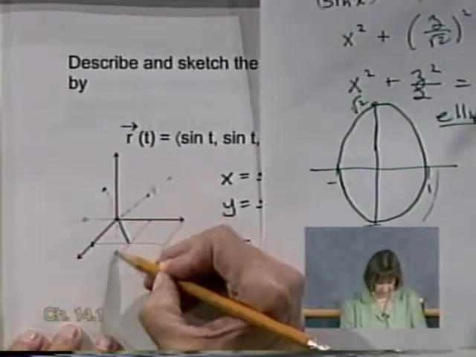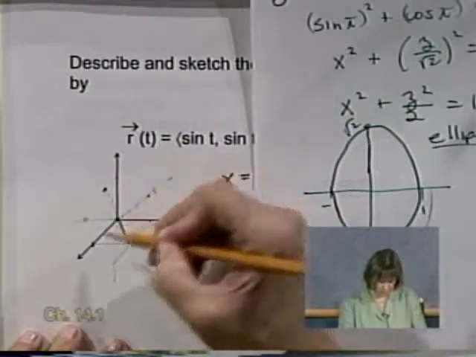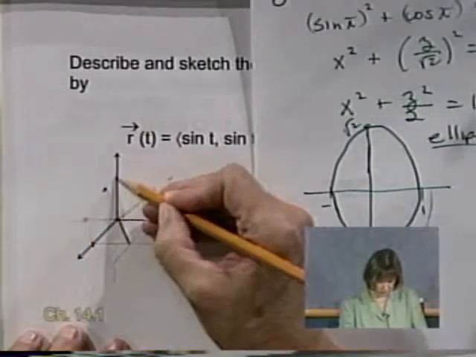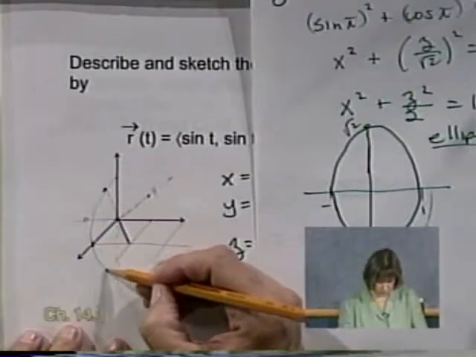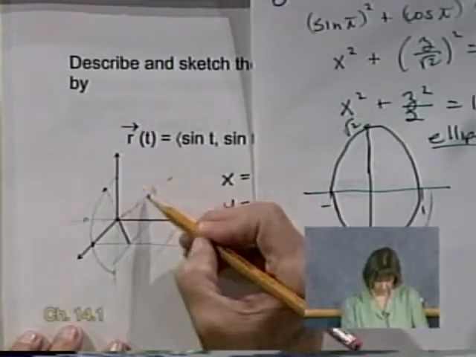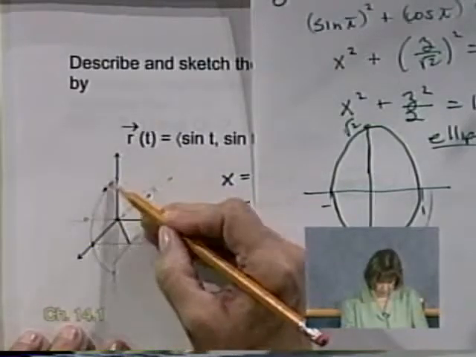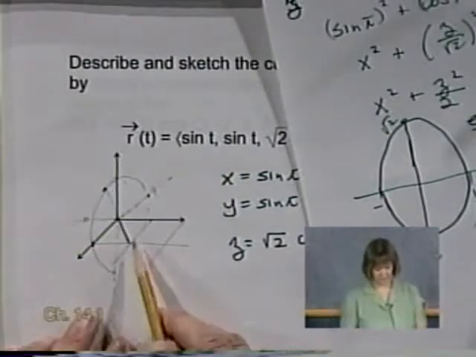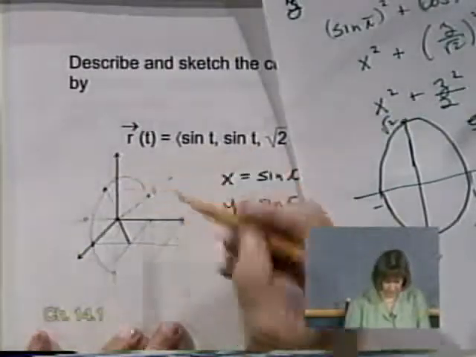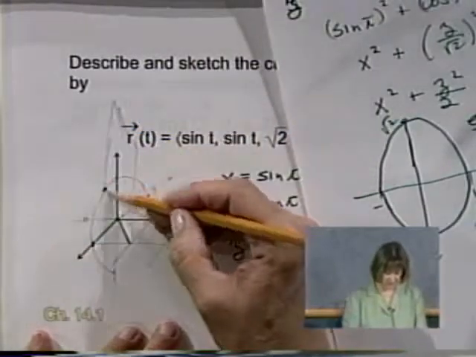That was xz, an ellipse that went up to √2, down to 1, down to -√2, and back. This was 1 here, so we've got to make it go all the way around and back down there.